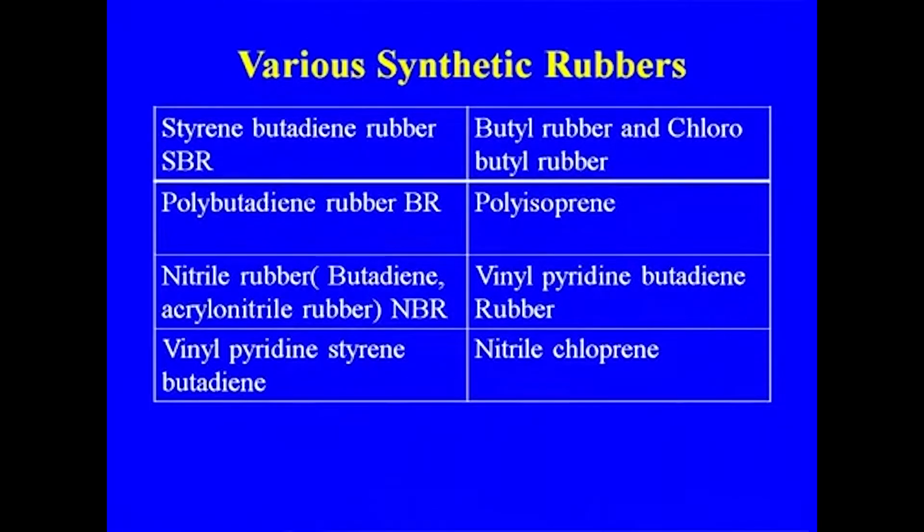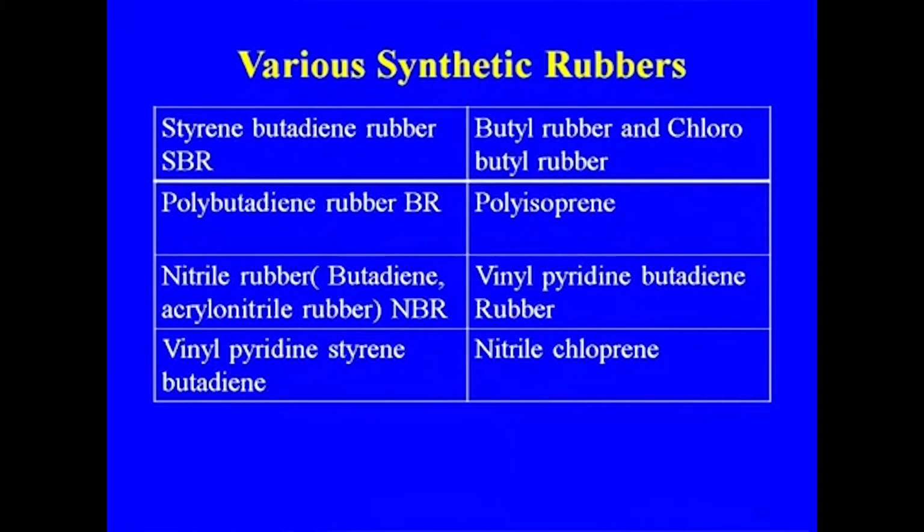Another important one is nitrile rubber, where butadiene and acrylonitrile are used, because that was again a requirement of the time during World War, for sealants, because of resistance towards oil. So, this was one of the very important developments with nitrile rubber.